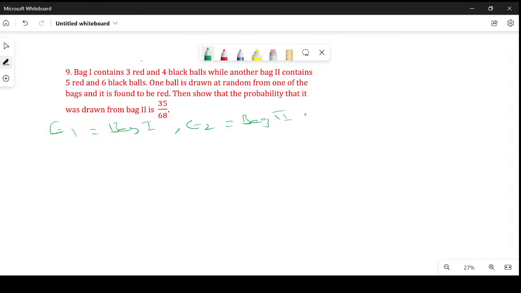So automatically, what is the probability of this? We have only 2 bags, and you can select either one. So E1 is bag 1, E2 is bag 2, and P of E1 equals P of E2 equals 1 by 2.